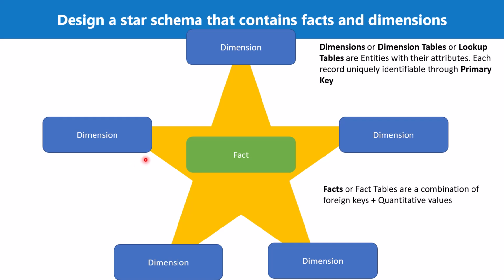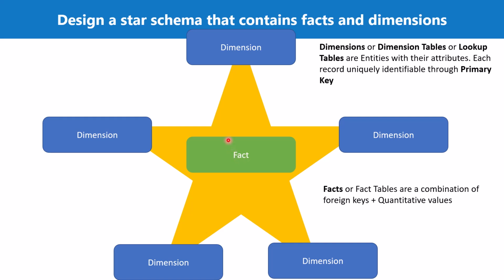So here you can see that there are two types of boxes. On the corners you see boxes in the blue color which say dimension, and in the center you see a box which says fact. So I've already said that these are nothing but tables. These tables are called dimension tables or simply dimensions, and this table is called the fact table or simply fact.